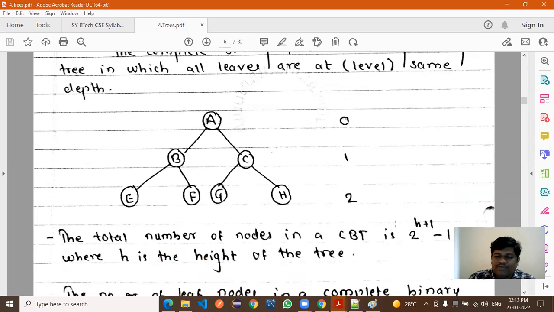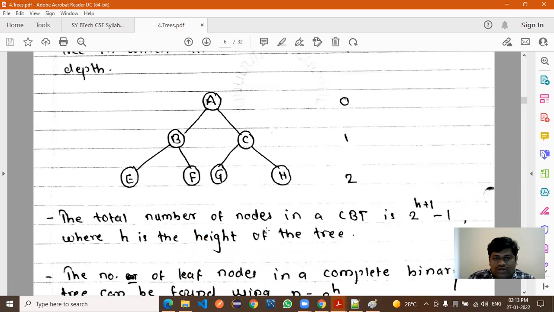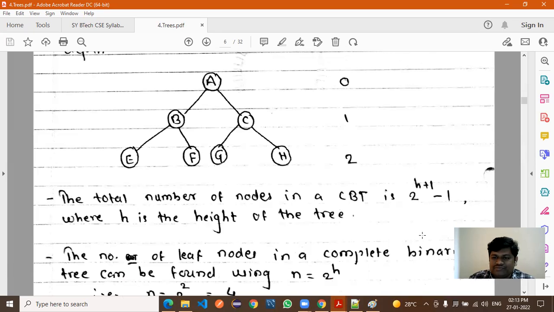Now how to calculate the nodes of the complete binary tree? The total number of nodes in the complete binary tree is calculated by using 2 raised to h plus 1, minus 1. Now what is the value of h here? Two.